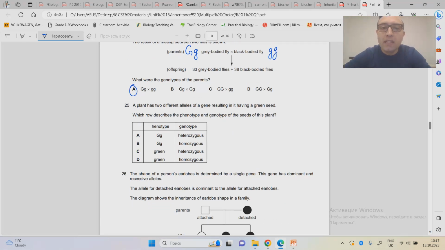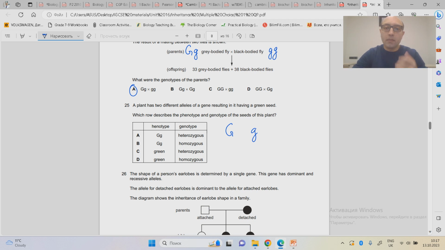A plant has 2 different alleles of a gene resulting in it having a green seed. Which row describes the phenotype and genotype of a seed in this plant? So a plant has 2 different alleles. So if two different alleles are giving green, guys, like this one, capital G is one allele, small g is another allele.